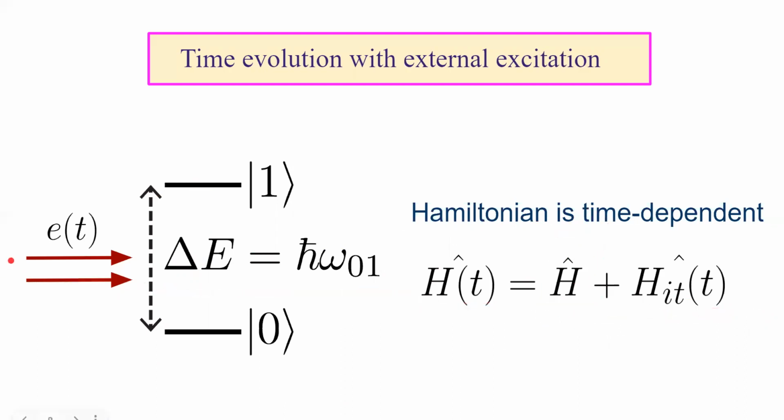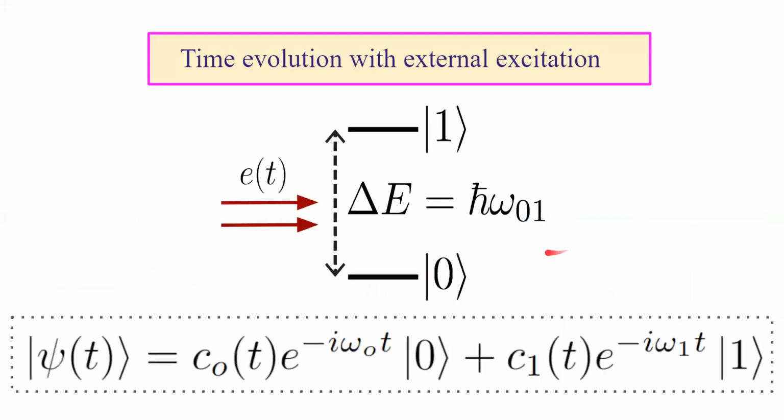So when this electric field, I'm looking from classical point of view, and this atom I'm looking from the quantum point of view, when they interact, that interaction Hamiltonian is a function of time, right? And now on solving the time-dependent Hamiltonian and putting that into the Schrodinger equation, the time evolution comes out to this form.